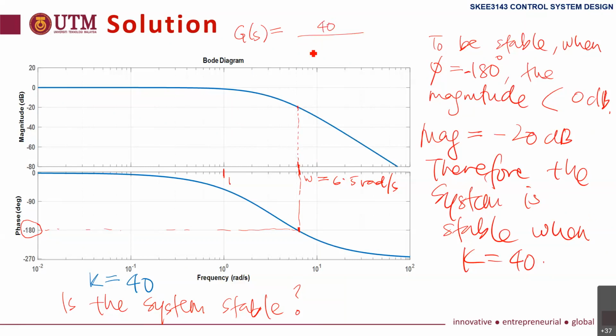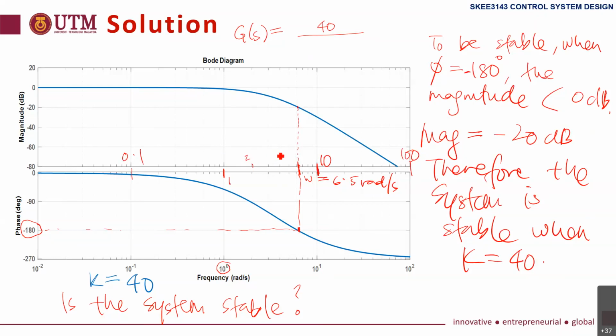Doctor, I have a question. Yeah. How do you get omega equal to 6.5? This is 1, which is 10 to the power of 0. Here 10 to the power of 1, 10 here. So one decade, here 0.1, here 100, 1000.